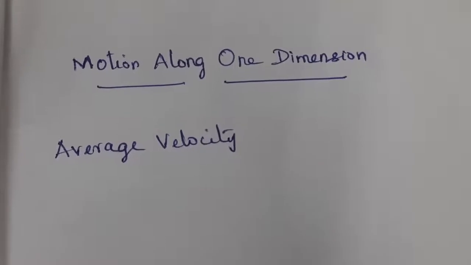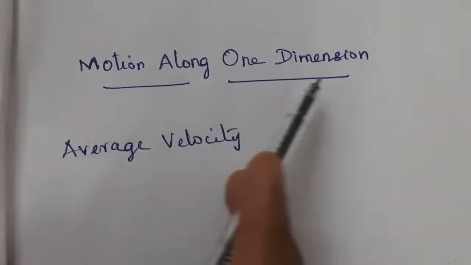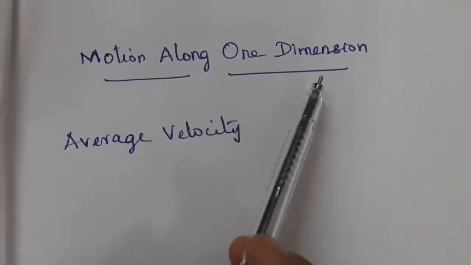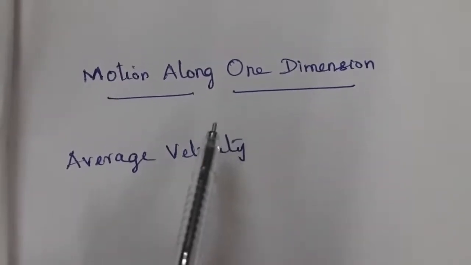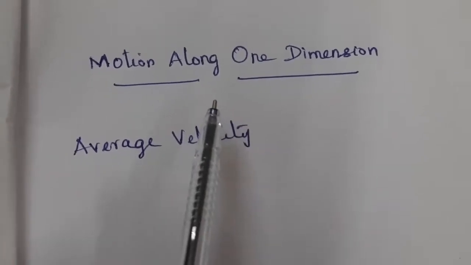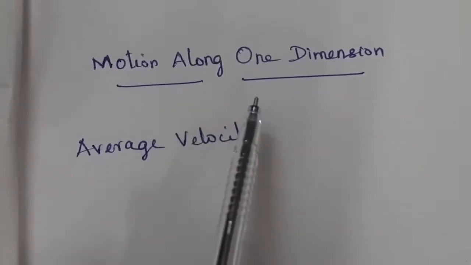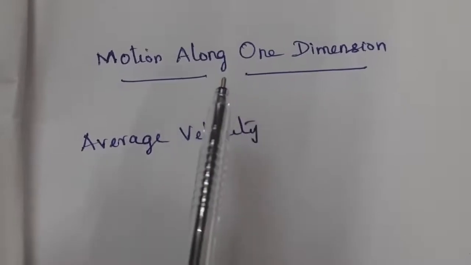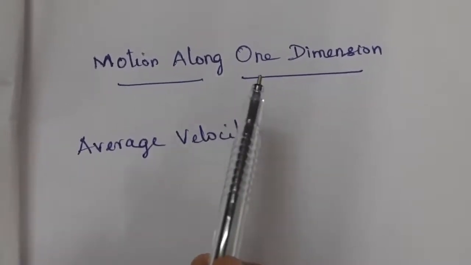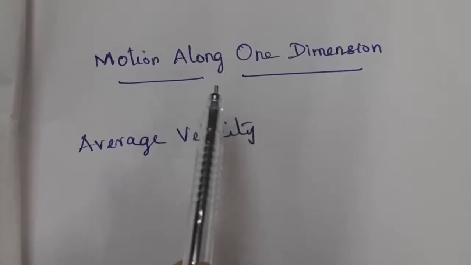Today I am going to teach motion along one dimension. Already we learned motion in one dimension, two dimensions, three dimensions and all. What is motion in one dimension? One dimensional motion is the motion of a particle moving along a straight line, or we can say rectilinear motion or linear motion.